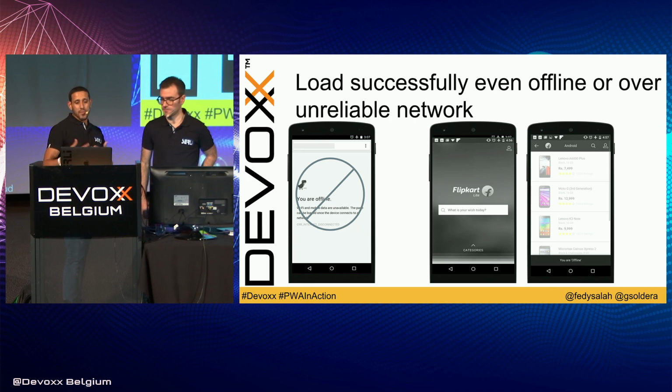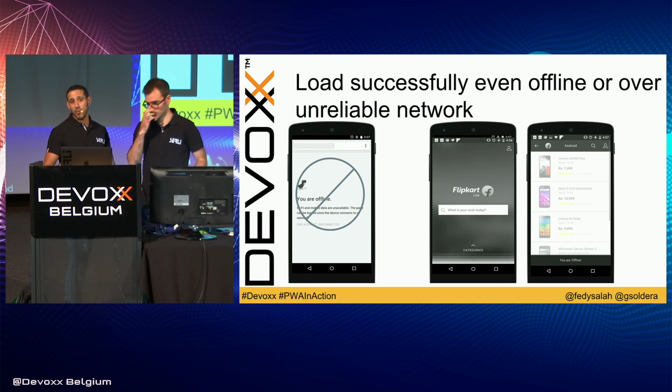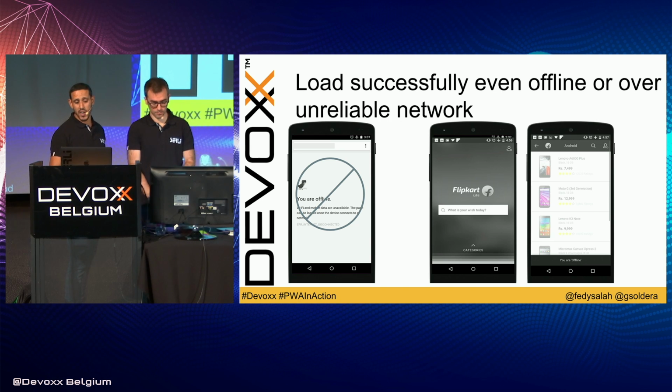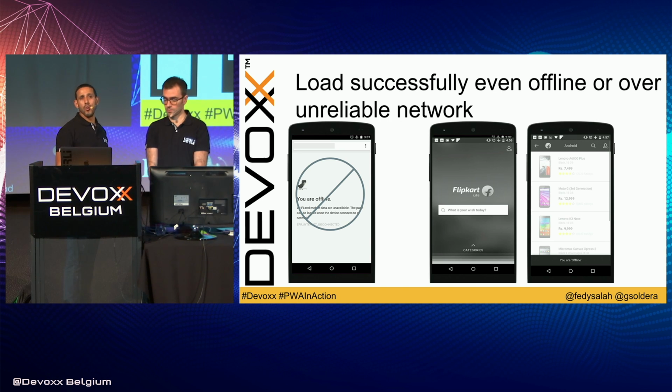So we can reach more users thanks to that. Also, the size of the application is really tiny. The technology we use to build this application is more common than the technology we use to build a mobile app.